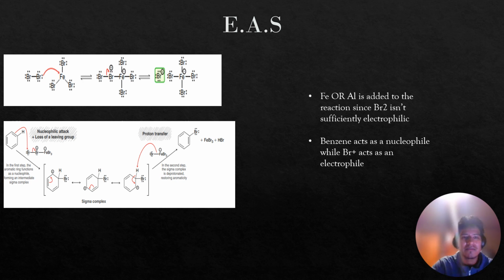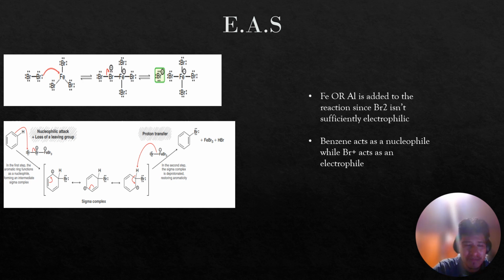If we want to add a bromine atom to the benzene ring, adding iron to the mix, iron and bromine would first react, forming iron tribromide, which actually works as a catalyst in the halogenation of benzene rings. We can see here that it is part of the final product when it is also part of our reactant.